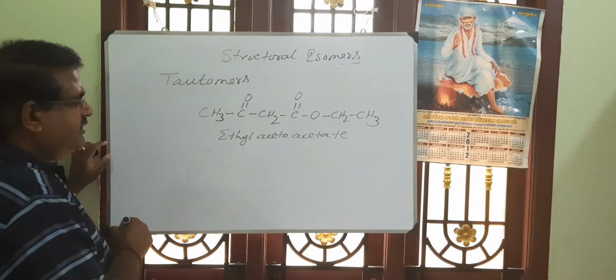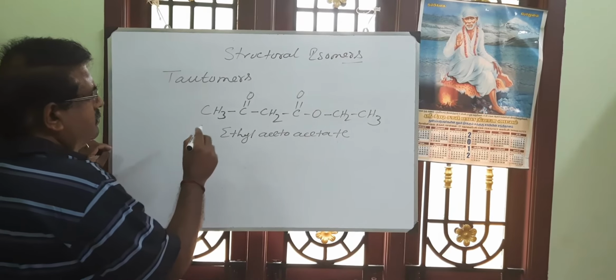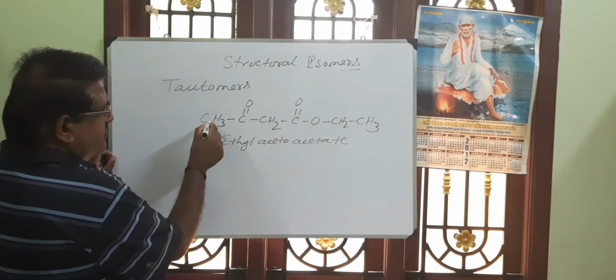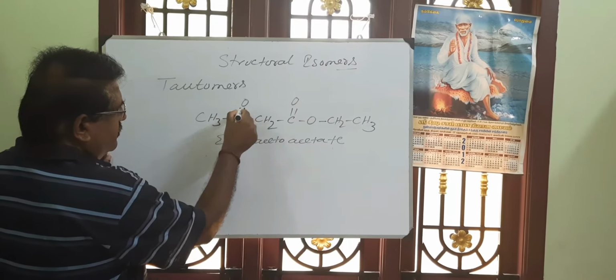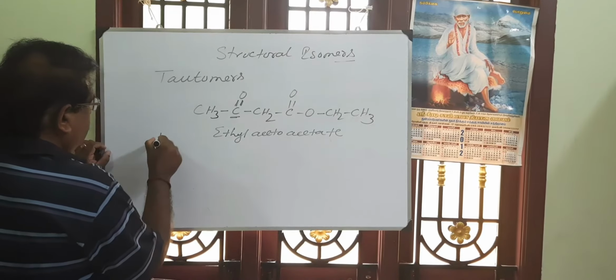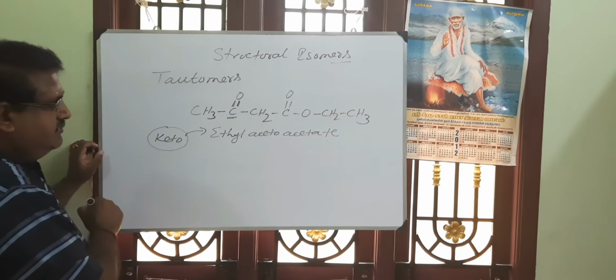Now this is called the keto form. We have a double bond O here. This is the keto form of ethyl acetoacetate.